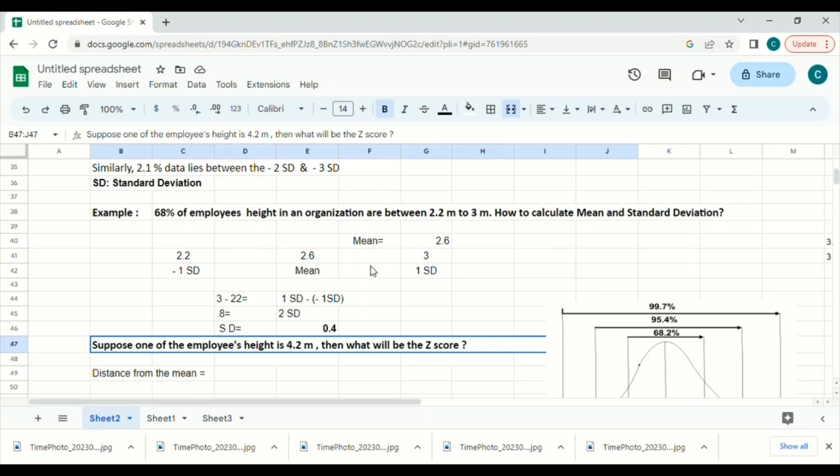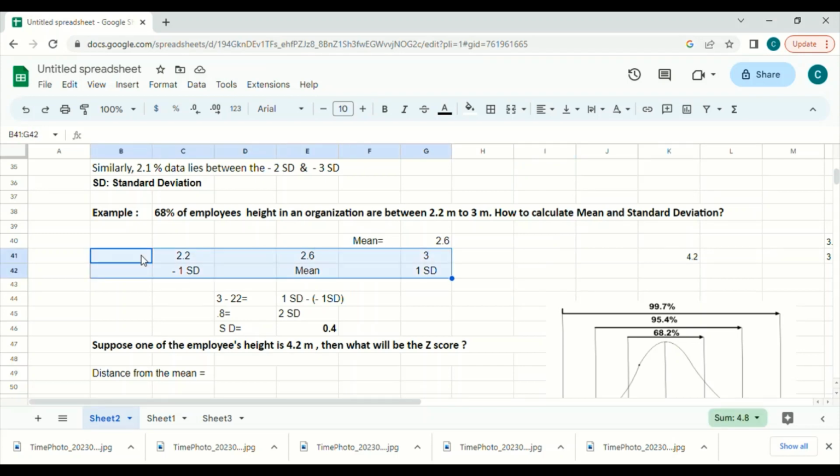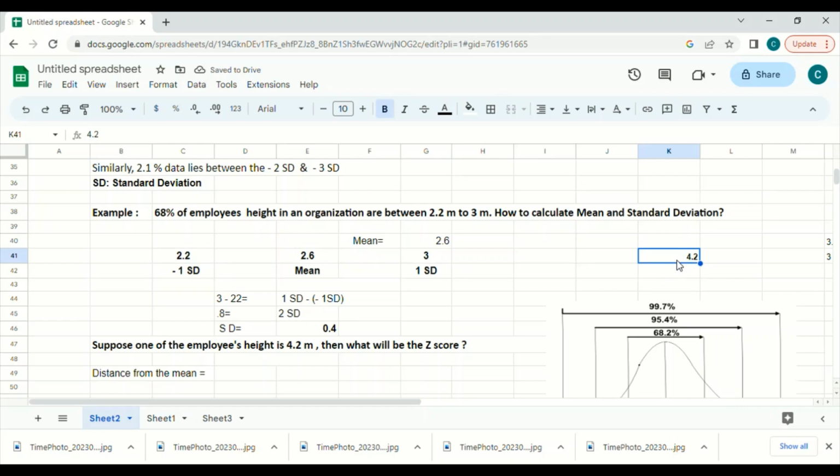Again, if we see the x-axis of the normal distribution, 4.2 meter height will come somewhere here, because it is greater than 3 meter. We can clearly see that 4.2 meter will be somewhere here.